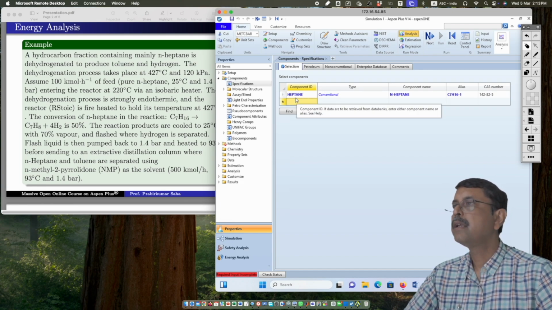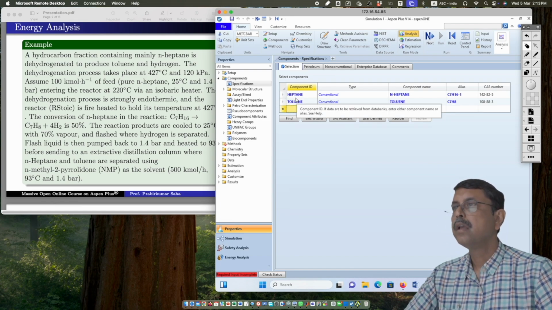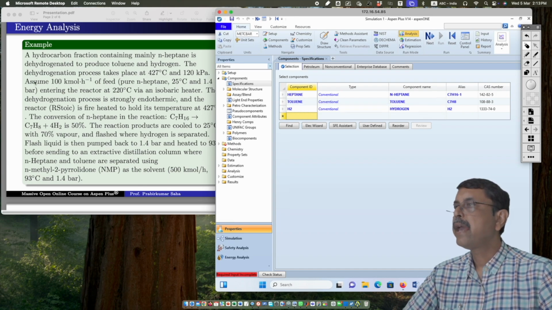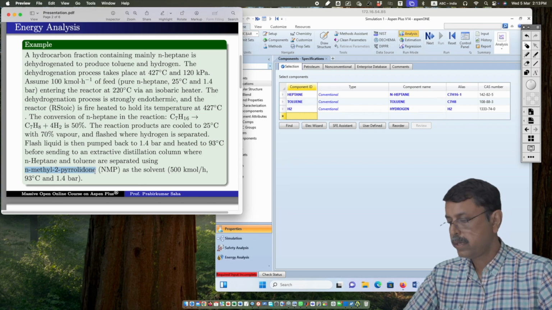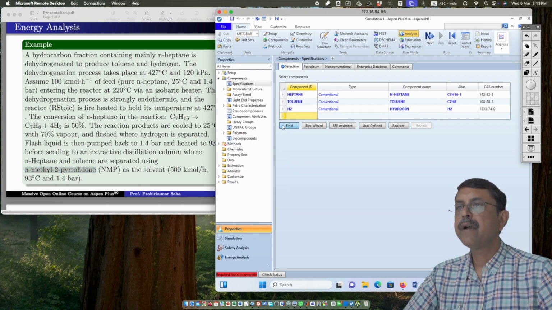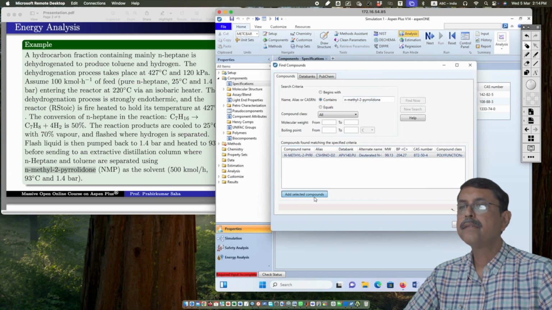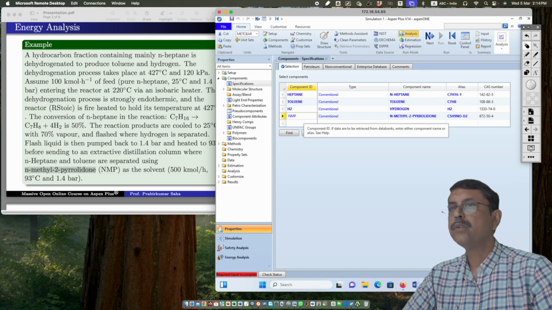Yeah, N-heptane, then toluene and hydrogen. What else? We have N-methyl-2-pyrrolidone, or NMP. So we have to find it. Yeah, here it is. We'll rename it to NMP. That will be easier.